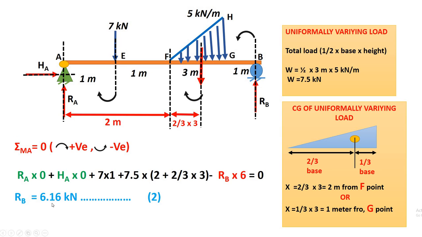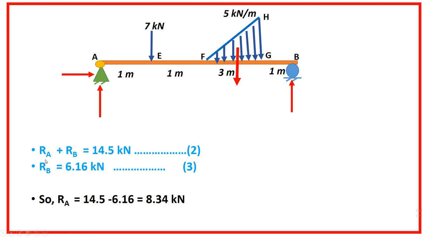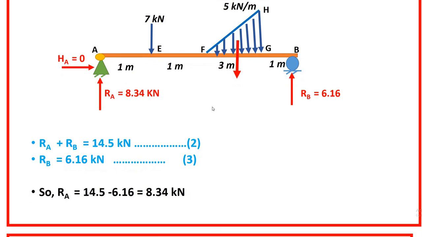So RB is equal to 6.16 kilonewton. Finally we get all the reactions because we have this equation also, RA plus RB is equal to 14.5. So RB is equal to 6.16, and in that way we can also determine RA. RA is 8.34 kilonewton, HA is 0 and RB is 6.16 kilonewton.